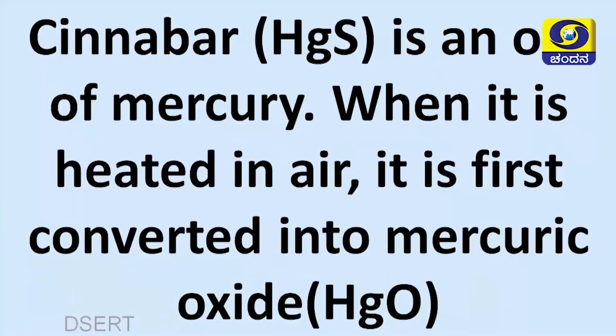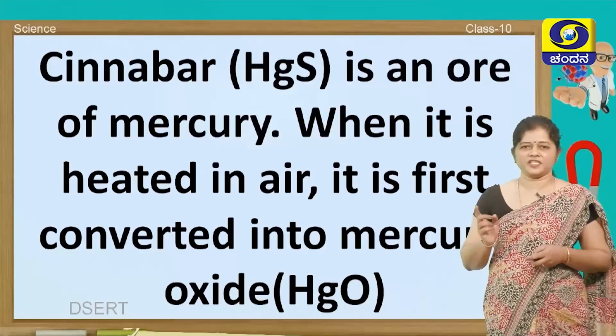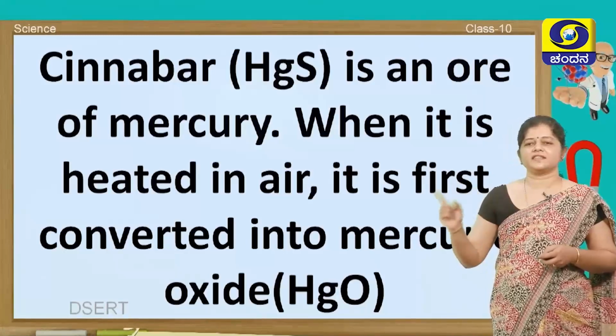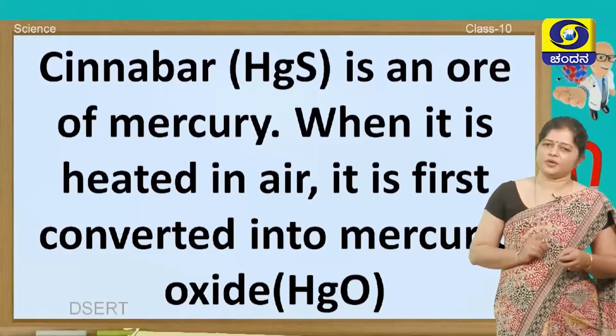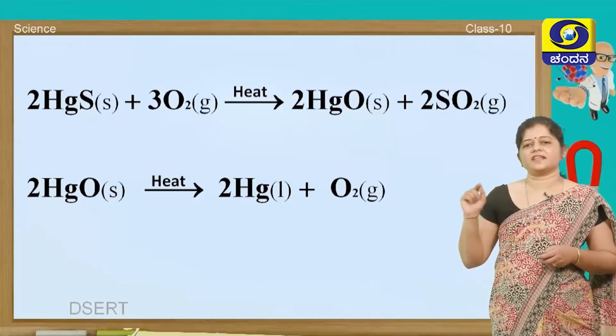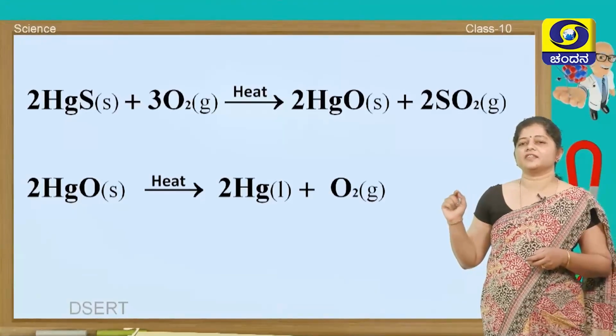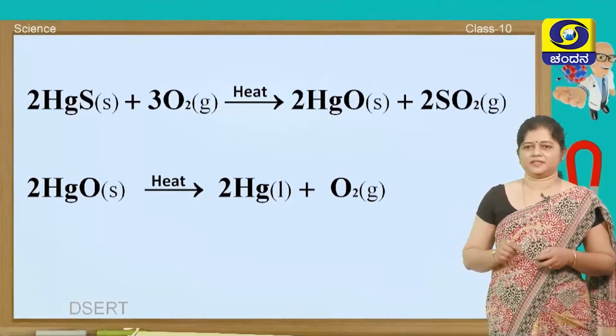Cinnabar is an ore of mercury. When it is heated in air, it is first converted into mercuric oxide, HgO. HgS is converted into HgO. This mercuric oxide is again heated and you get mercury. That is the metal.